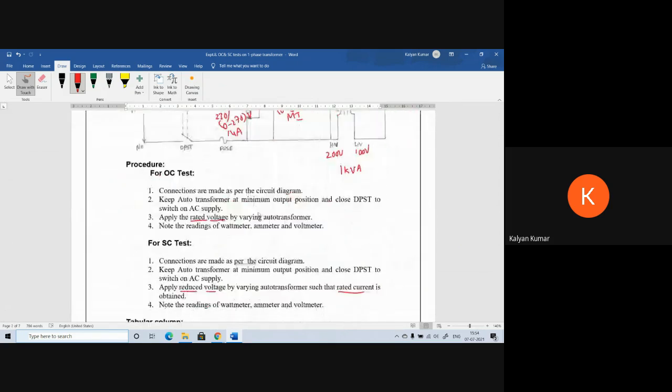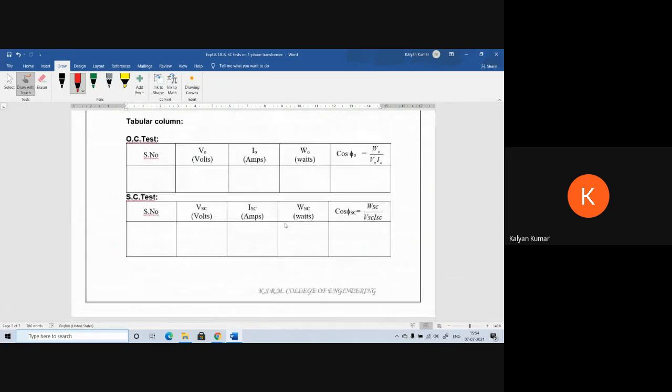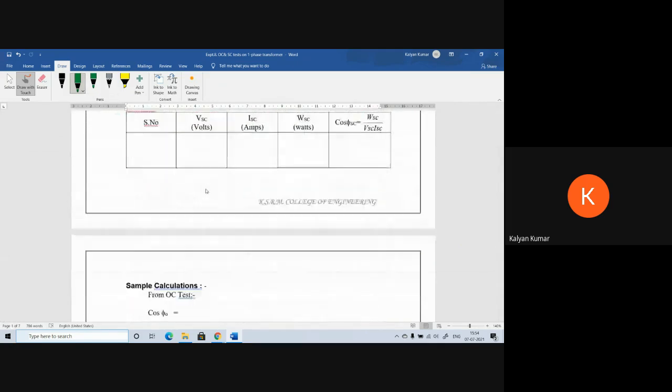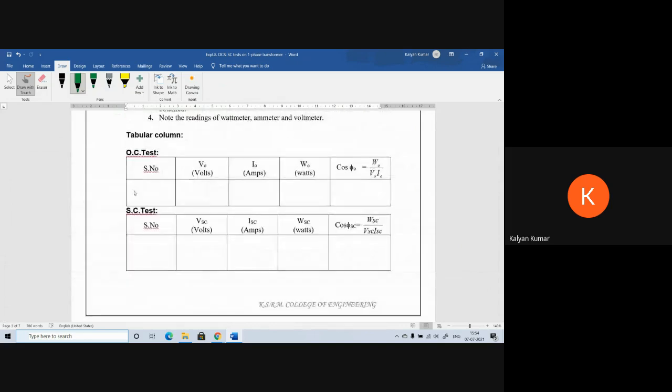So the readings that we are going to get from the OC test and SC test need to be noted in this table. So here, this is OC test, serial number 1. Under OC test, we are going to apply rated voltage, that is primary rated voltage of transformer, 100 volts. Now, the current that we got under OC test is 0.86 amps and wattmeter reading is 40 watts.